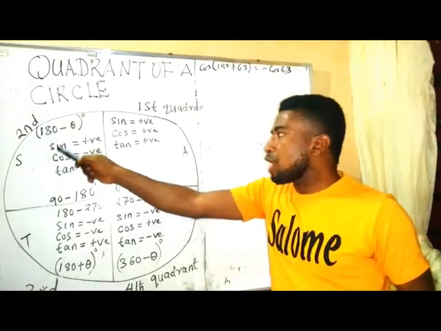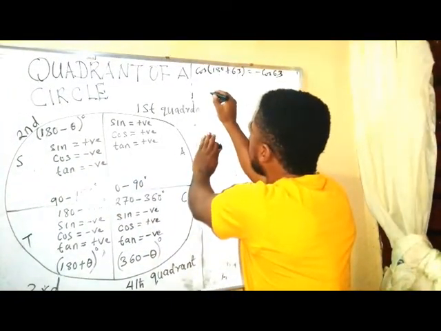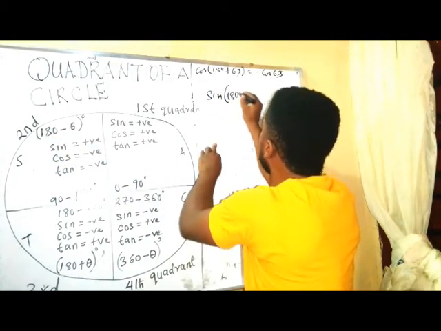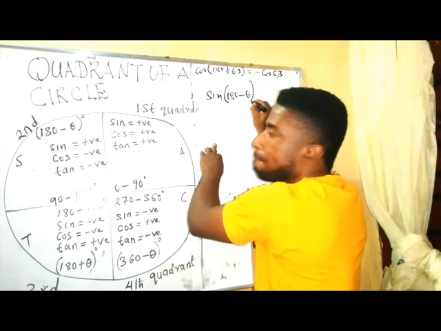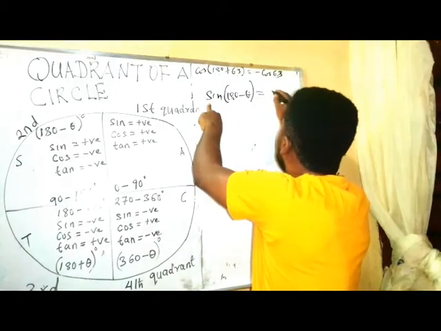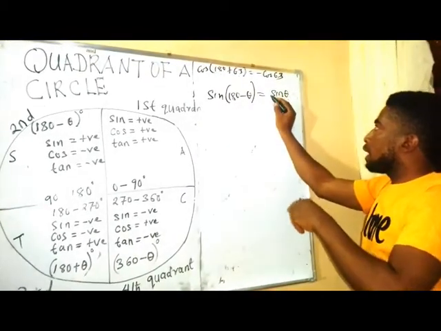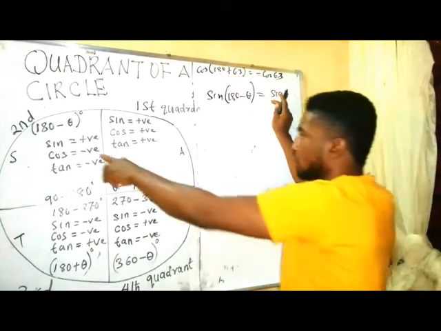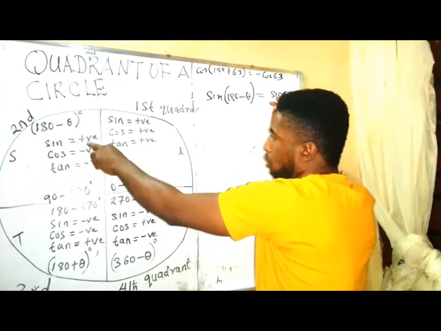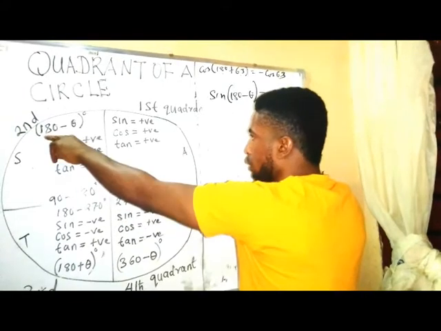If I link it to sine, then in the second quadrant, the range of angle 180 minus theta gives you the same sine, sine theta. Notice that this sine is positive because it is in the second quadrant, and in the second quadrant, sine is positive.